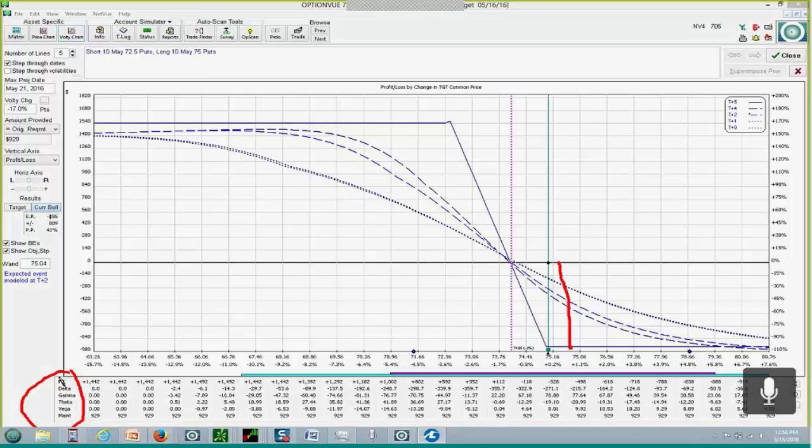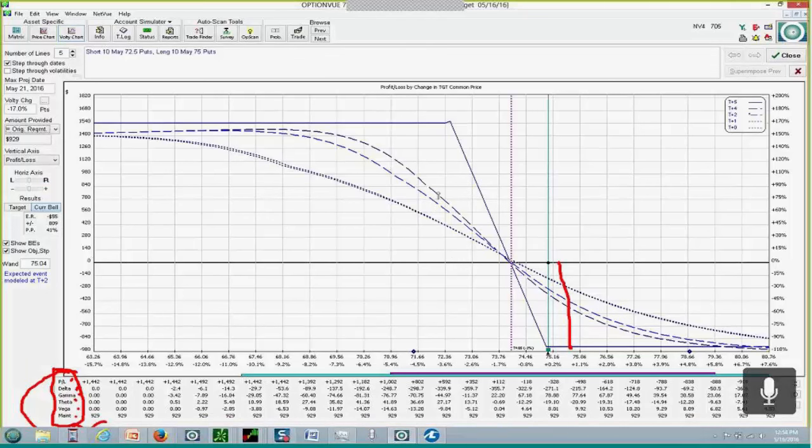If you take a look right here, you can see a lot of numbers on the bottom. Profit and loss, delta, gamma, theta, vega, my margin maintenance requirements. And if I click on these lines, watch, these numbers are all going to change.